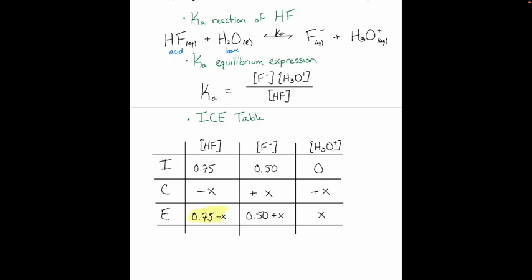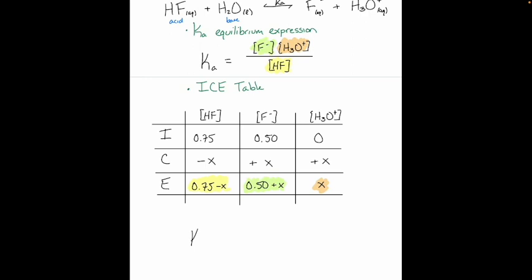My equilibrium concentration of HF, that's that term. My equilibrium concentration of fluoride, that's that term. And my equilibrium concentration of hydronium, that's that term. So we get Ka equals 0.50 plus X.